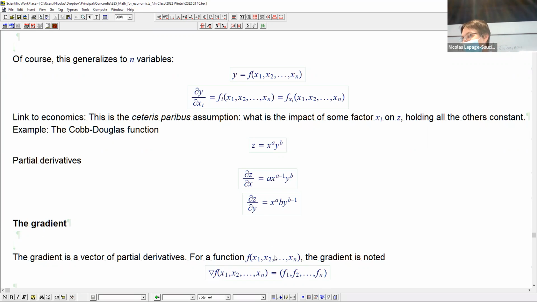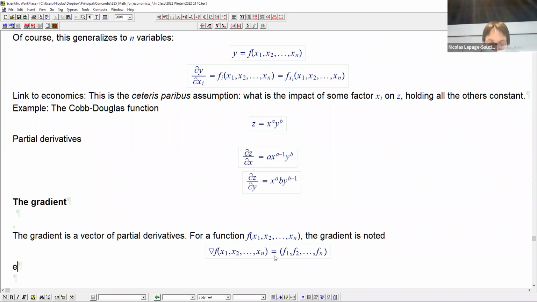So this is an object that has meaning and usefulness. Oh, and by the way, there are two notations, either del or nabla.